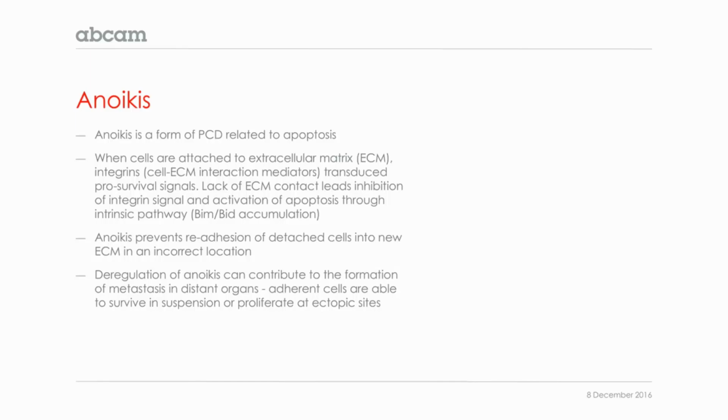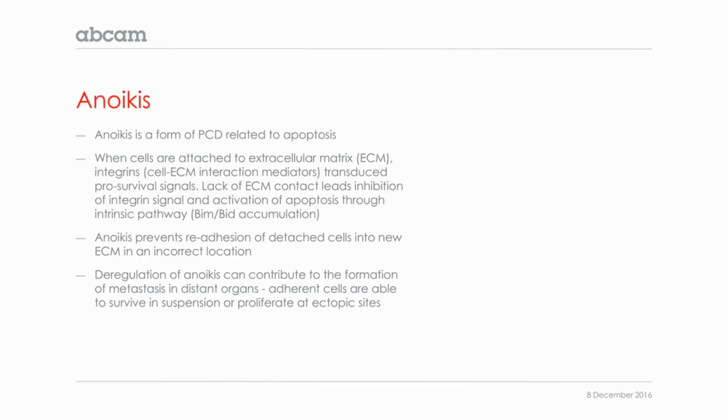Let's first look at Anoikis. Anoikis is related to apoptosis, and it shares many apoptotic features such as caspase activation and activation of pro-apoptotic BCL2 family members, BIM and BID in particular. In normal conditions, when adherent cells are attached to the extracellular matrix, integrins present in the membrane are responsible for transducing pro-survival signals.